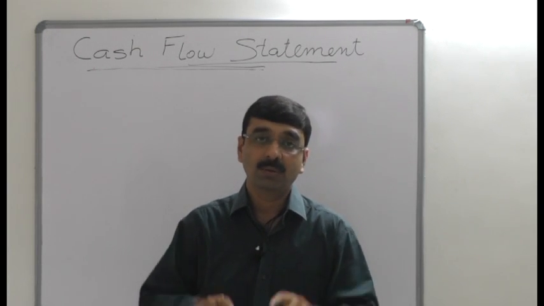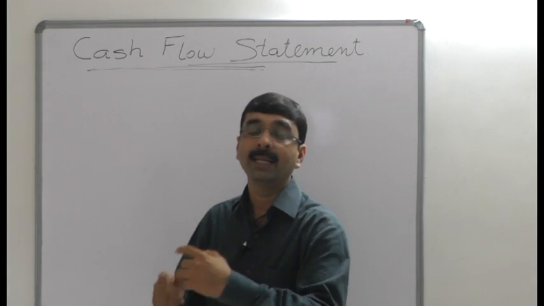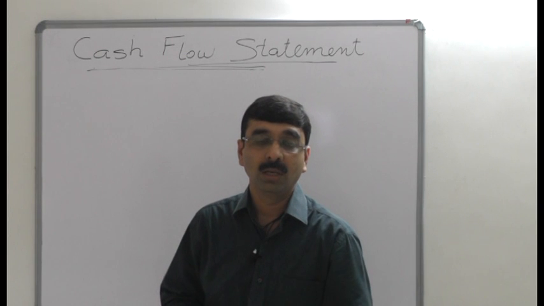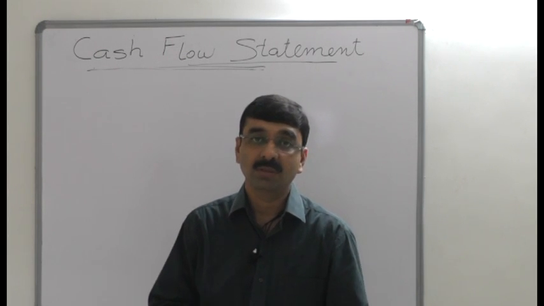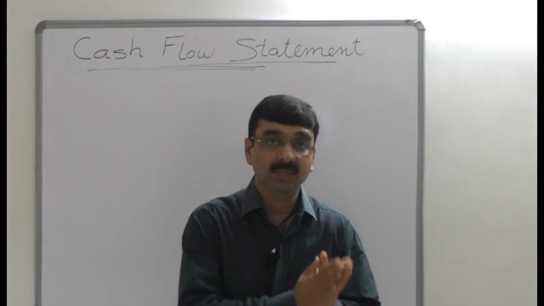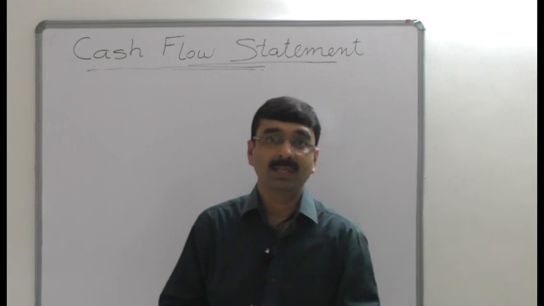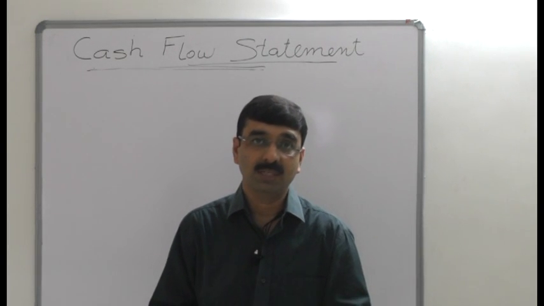I am not going to repeat the same format and pro forma of the adjusted profit and loss account, because it was already discussed at the time of fund flow statements.